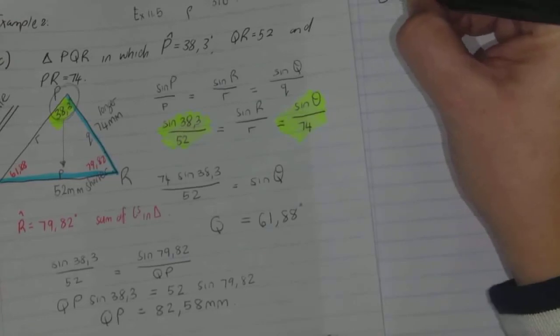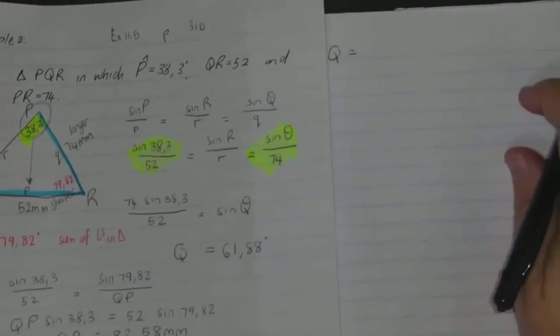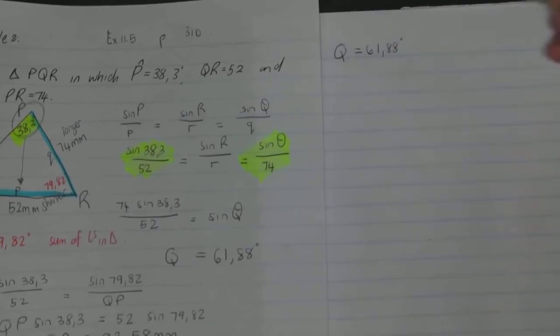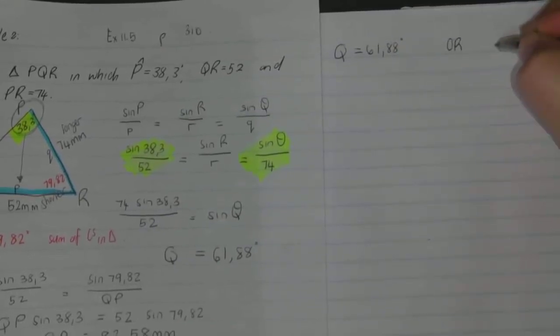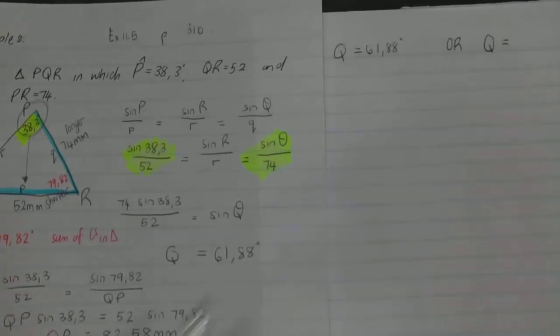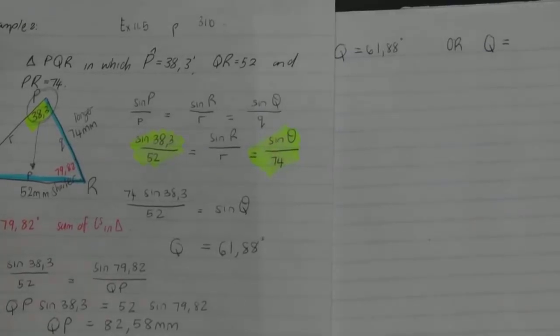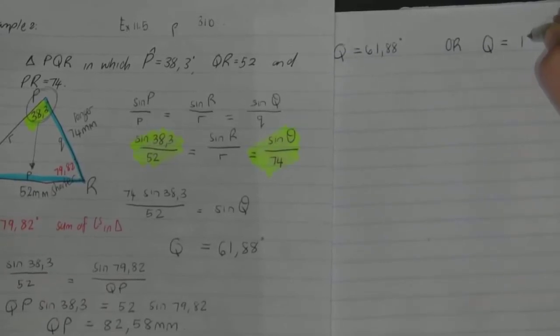I got Q is 61.88. What must I have done? I should have said, hold on, Q can be 180 minus 61.88, which means Q could have been 118.12 as well.